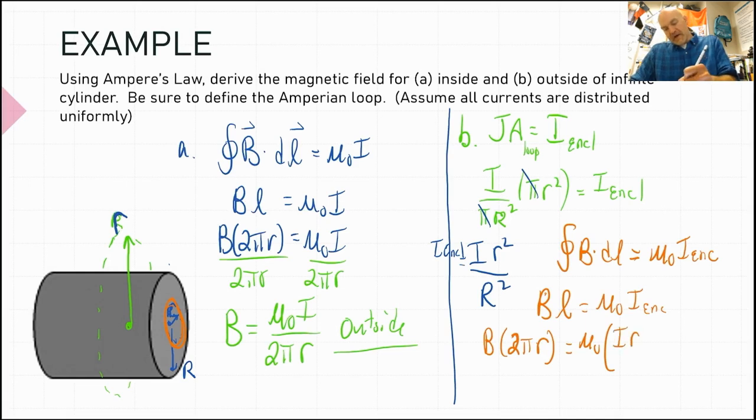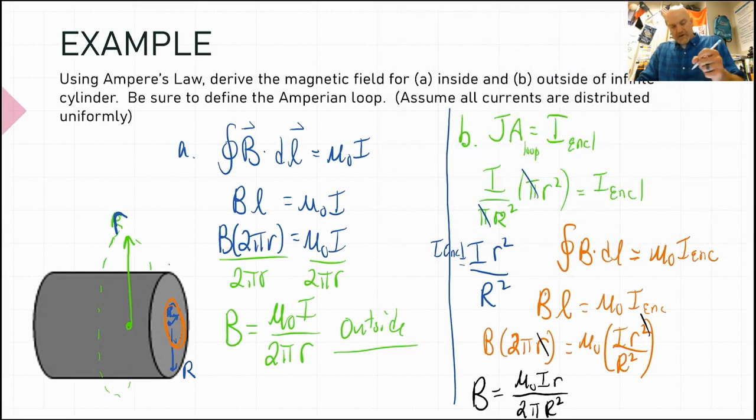Then we have mu naught times our I enclosed, which is the current that goes through, times r squared over big R squared. We can do a little cleaning up here, and so the magnitude of the magnetic field inside the cylinder is simply mu naught I times little r over 2 pi R squared.